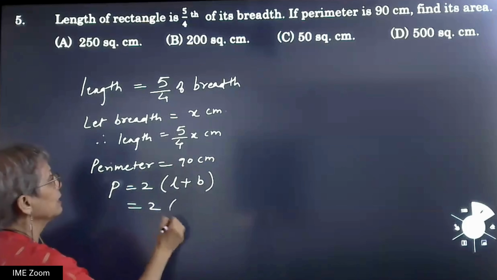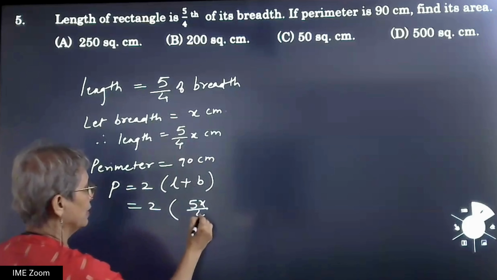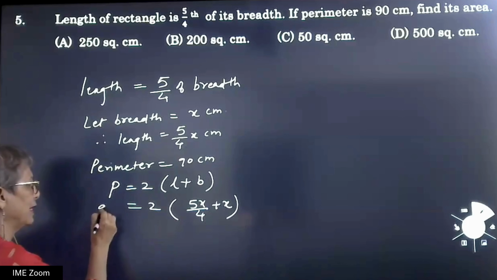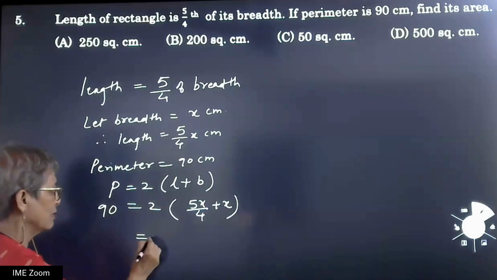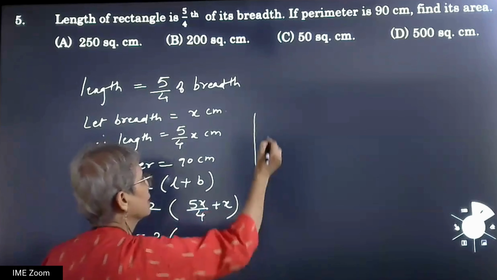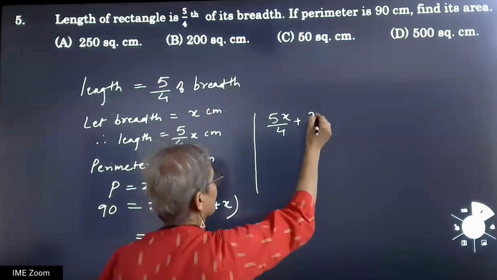So 2 into, what is L? That is 5x upon 4 plus x. And perimeter is given 90. Correct? So this is equal to 2 into bracket. Now let us add this here. 5x upon 4 plus x.